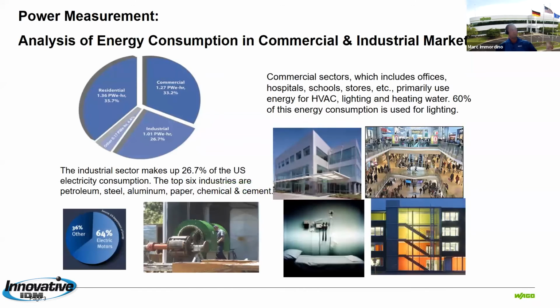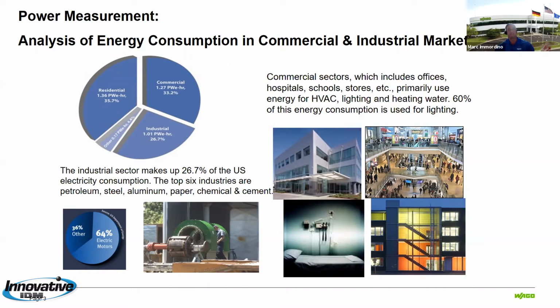So when we talk about power measurement, the big thing is that we're trying to collect data about our energy consumption and use that data to analyze our efficiencies and inefficiencies within our facilities. Commercial sectors include things like offices, hospitals, schools, stores. Primarily their energy is for things like HVAC, lighting, heating. 60% of their energy consumption is used for lighting.